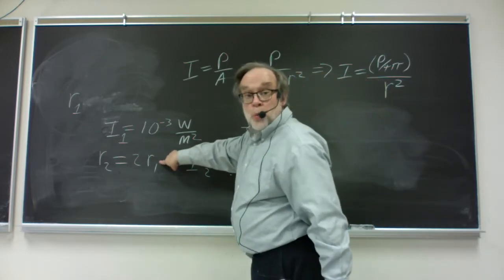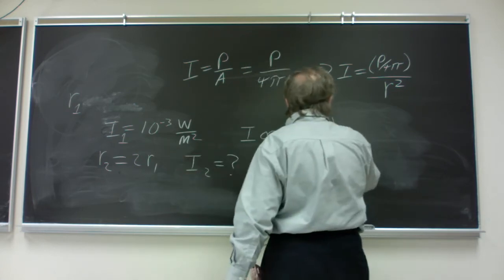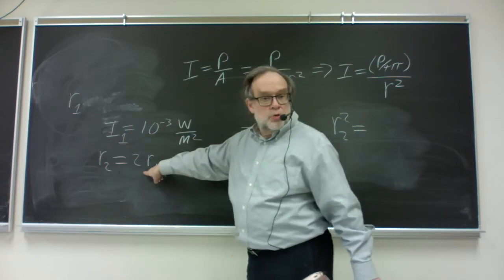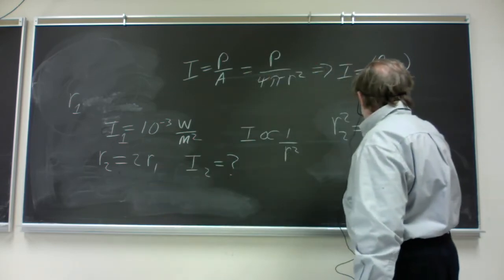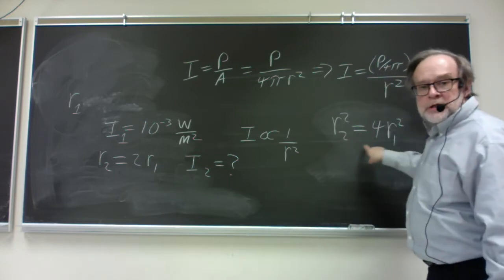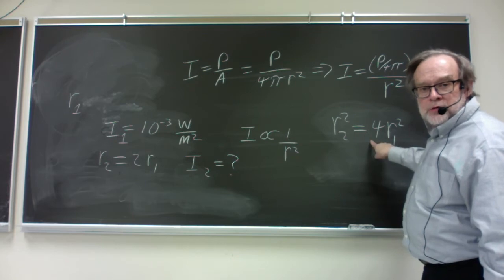So square this to see how r squared changes. The new r squared is just this squared. 2 squared, 4 times old r squared. So we see that this variable called r squared changes by a factor of 4.